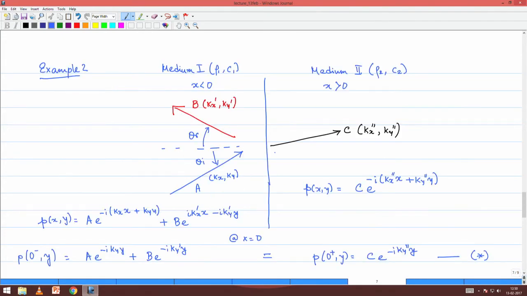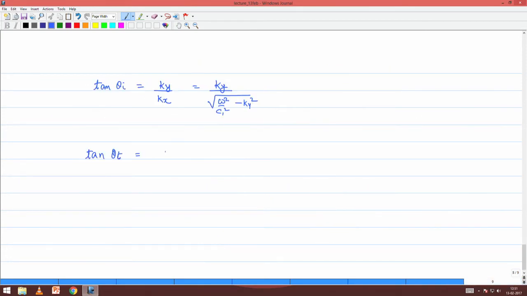So, this is my theta t variable. So, tan theta t would be k y double prime divided by k x double prime, and k y double prime is k y, that has been proved. K x double prime will be the square root of omega square by c 2 square minus k y square, right.